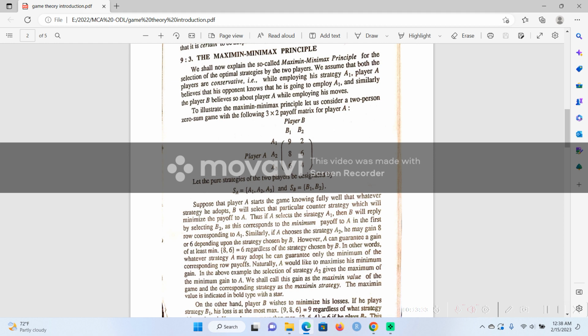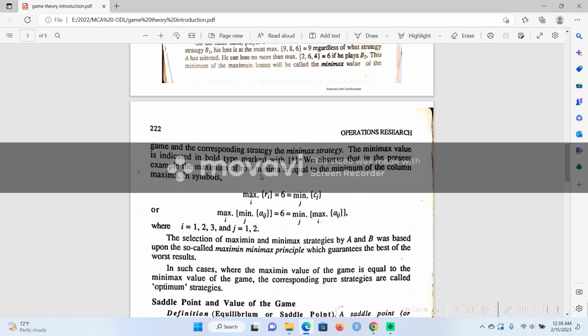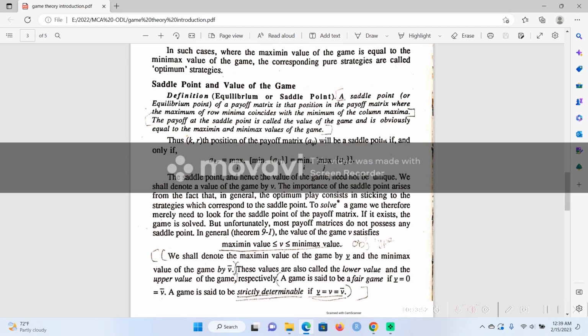Similarly, from the column maxima, player B wants to select the minimum. That principle is known as the maximin and minimax principle. Using that we can find the value of the game.